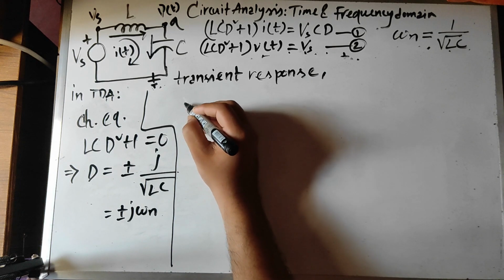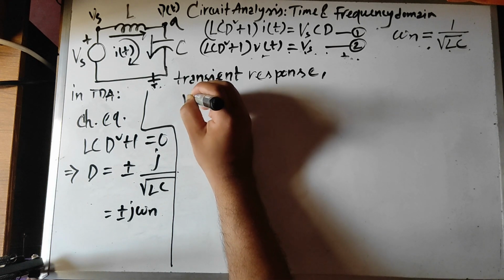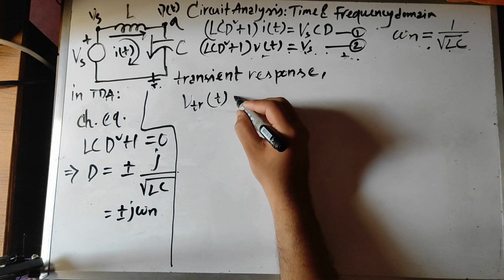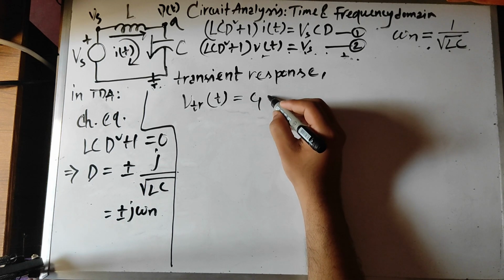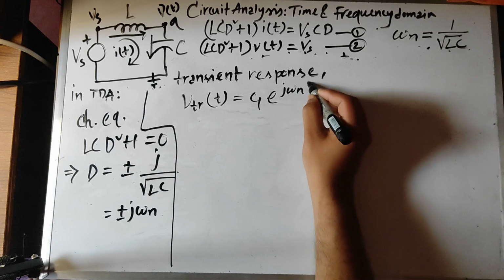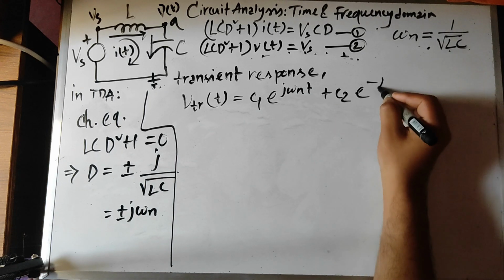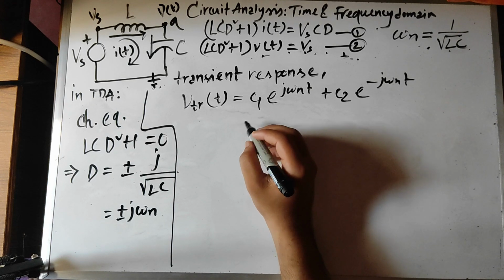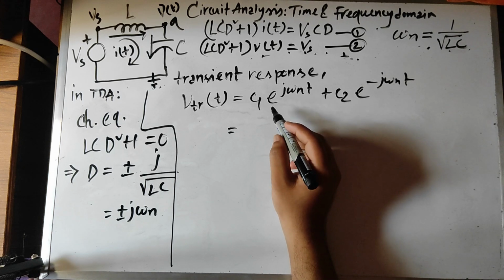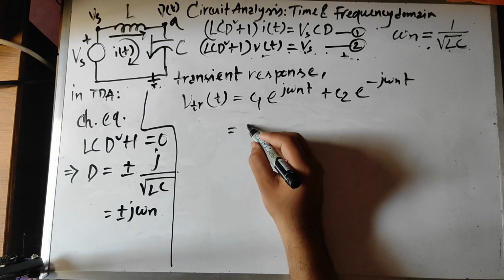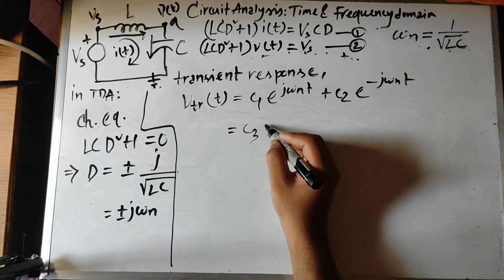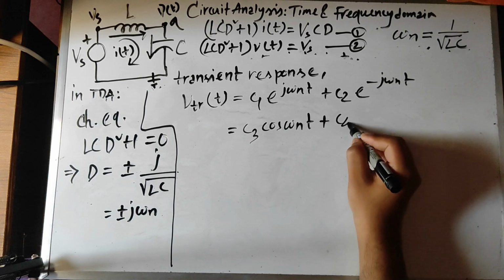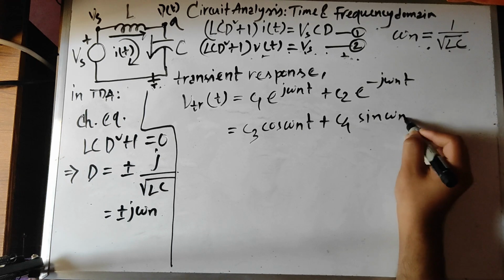So the transient response equals C1 e to the power j omega n t plus C2 e to the power minus j omega n t, which, if we use Euler's formula, will eventually give us C3 cos omega n t plus C4 sine omega n t.